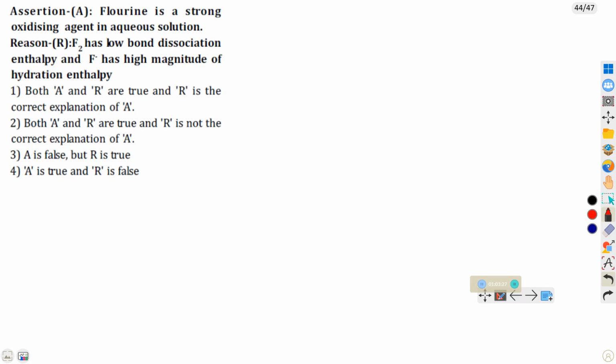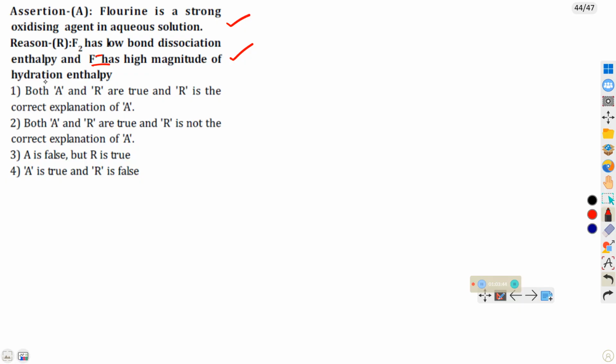Fluorine is a strong oxidizing agent in aqueous solution. Correct. Fluorine has low bond dissociation enthalpy and F minus has high magnitude of hydration enthalpy. Correct. Both A and R are true.